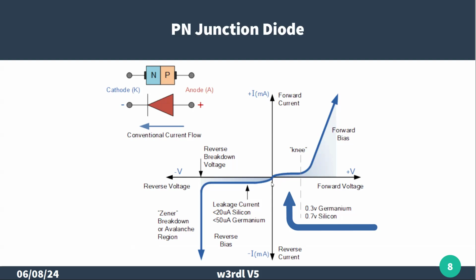When we go in the opposite direction, you're still going to have some leakage current, and these are very small, in microamps, until it gets up to the Zener or breakdown voltage. And then it will conduct at even less resistance than it does in the forward direction.